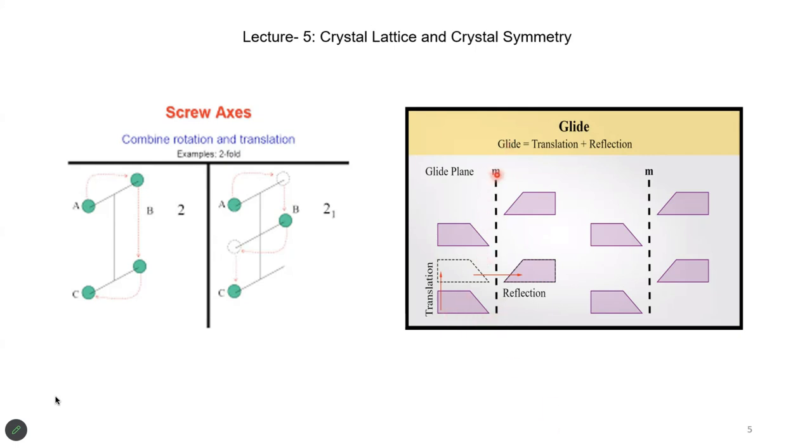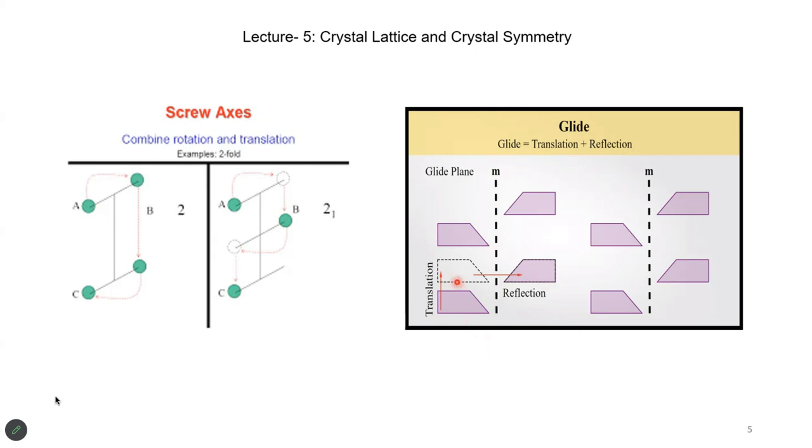If we can only execute this mirror plane, we get this object here. Is it not? But in case it is not like this, you see, first we translate, and that position comes here, and then mirror plane, we get the reflection.